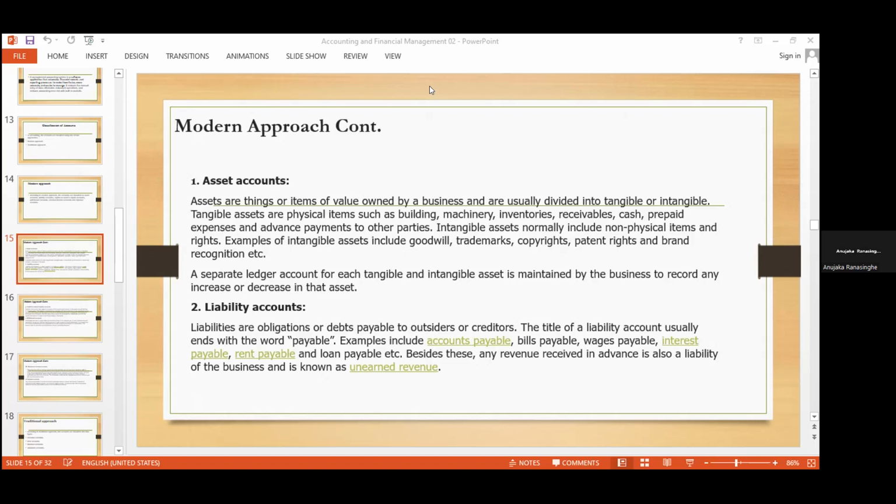The title of liability accounts usually ends with the word payable. Examples include accounts payable, bills payable, wages payable, interest payable, rent payable, and loan payable, etc. Besides these, any revenue received in advance is also a liability to the business and is known as unearned revenue. It's a liability.